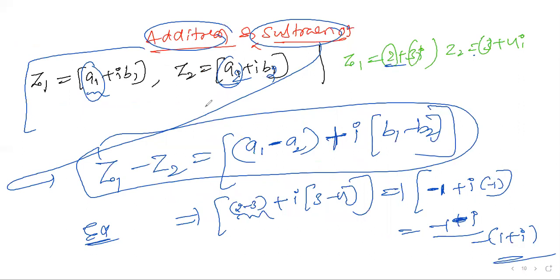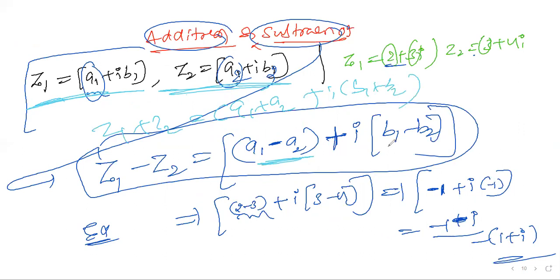The mathematical operations for complex numbers: how you have to see z1 and z2, the two complex numbers. If you want to add, you can add the real part plus the imaginary part. To subtract one from the other, real separately, imaginary separately; it is very simple. Addition and subtraction are the same.